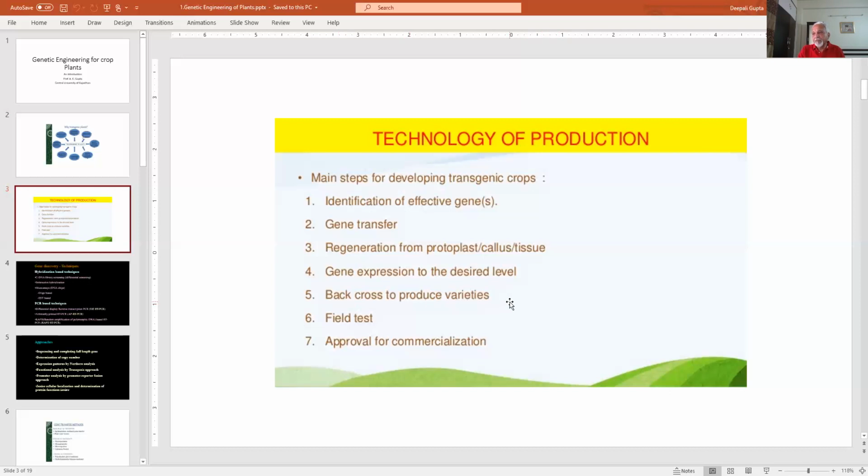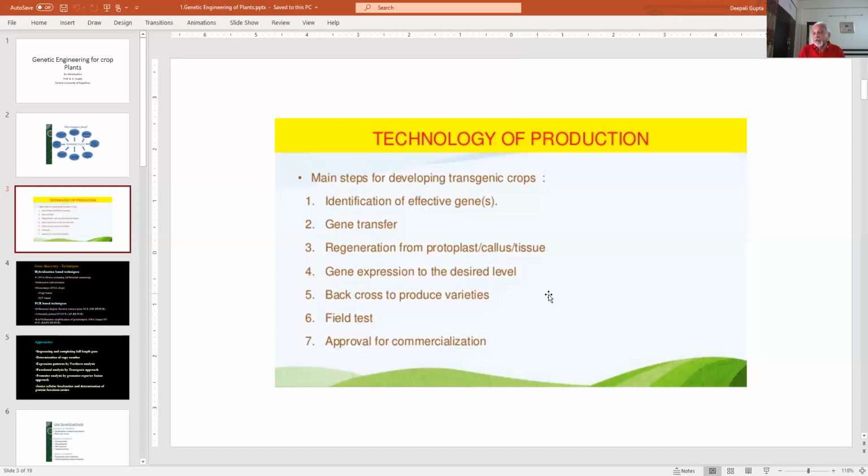And once that is confirmed, then these plants are used in the normal breeding programs via backcross, repeated backcrosses, they are then transferred to the varieties which we want to transform, or which we want to really take the character in.